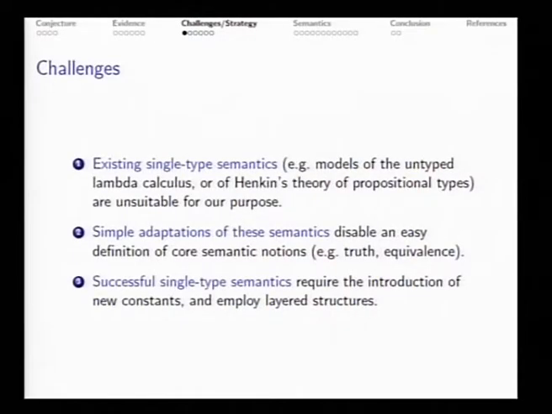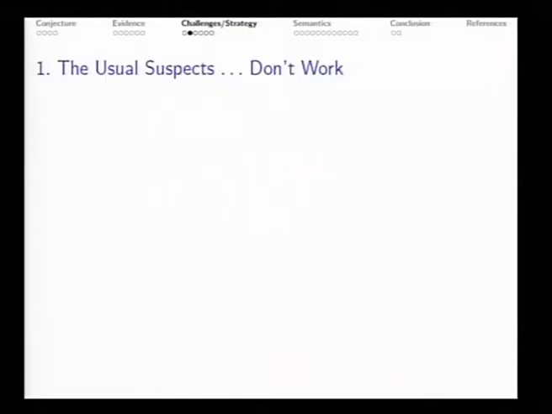These challenges include the fact that existing single-type semantics turn out to be unsuitable for our purposes, that straightforward, simple adaptations of these semantics disable an easy definition of truth, equivalence, and many other semantic notions, and that successful single-type semantics, which do serve our purposes, require the introduction of many new non-logical constants and employ a very, very strict distinction between the object and the meta level of this theory. And in the next couple of slides, I'm going to discuss some of these challenges in turn in some more detail so you see where they really lie.